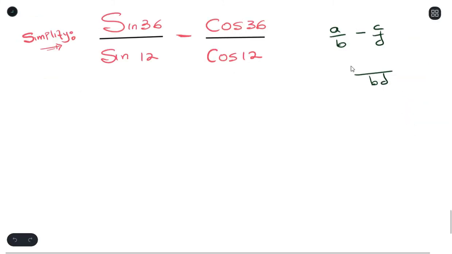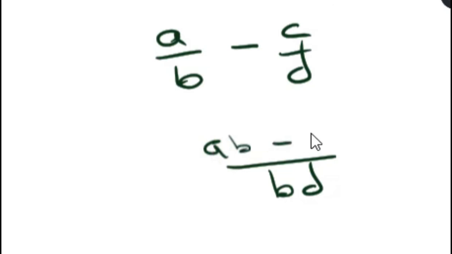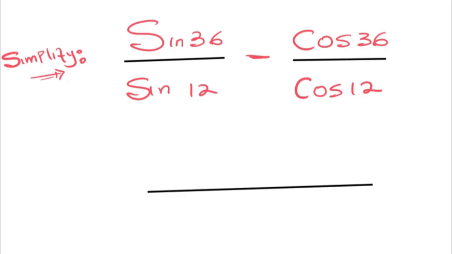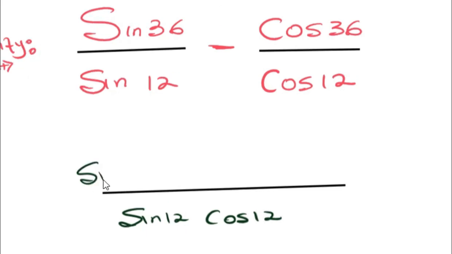Then I can write everything in a big fraction like that. Okay, so that's what comes to my mind whenever I see fractions in algebra. I need to replicate that in trig questions. So I see this, the first thing I do is I have my LCD. The LCD for this would be sine 12 cos 12.